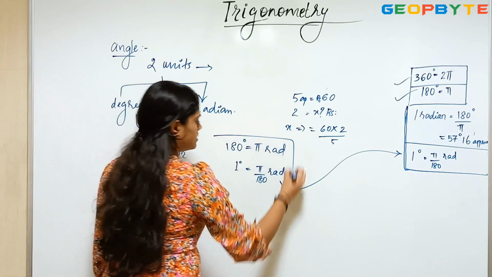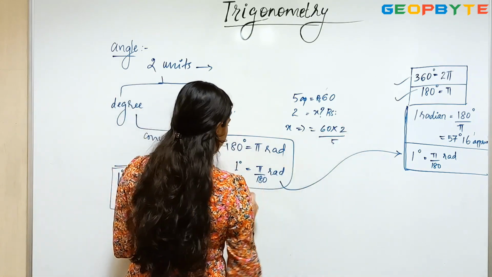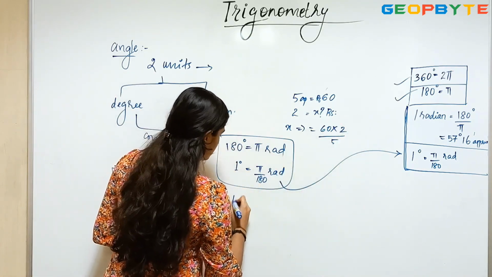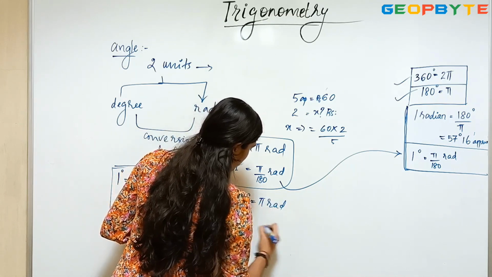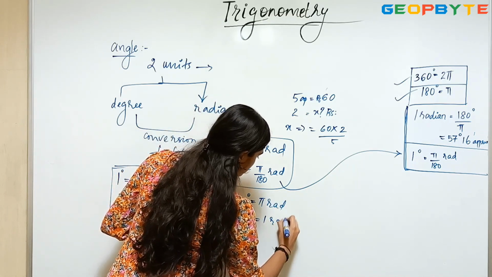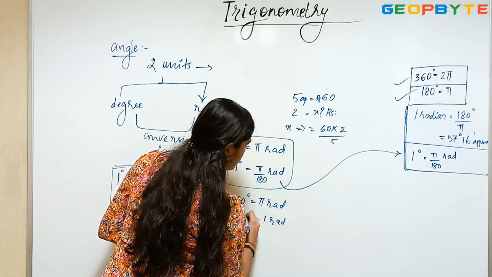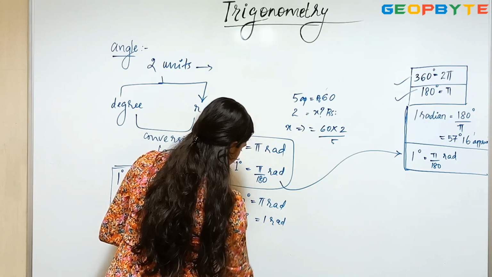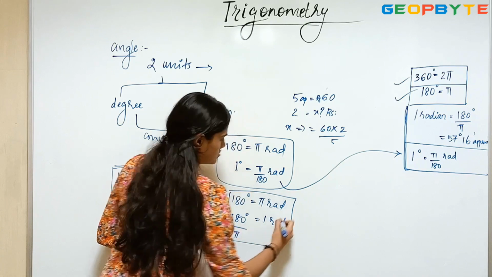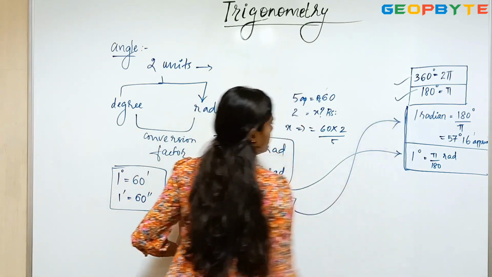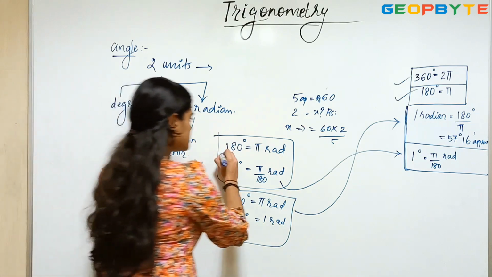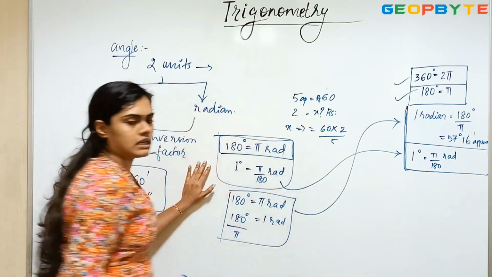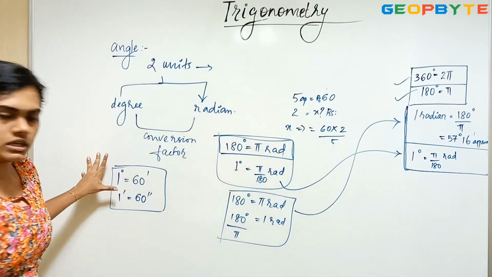Similarly, you can do it for one radian. 180 degrees is equal to pi radians, or 1 radian is equal to 180 degrees by pi. So if you know just this one thing, you can convert from degrees to radians.